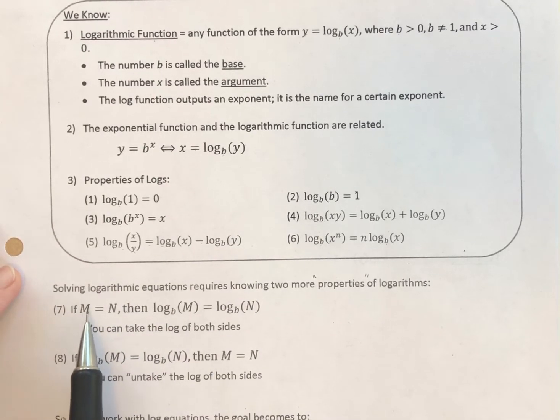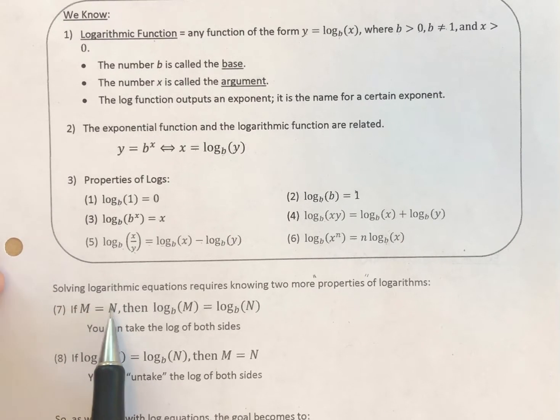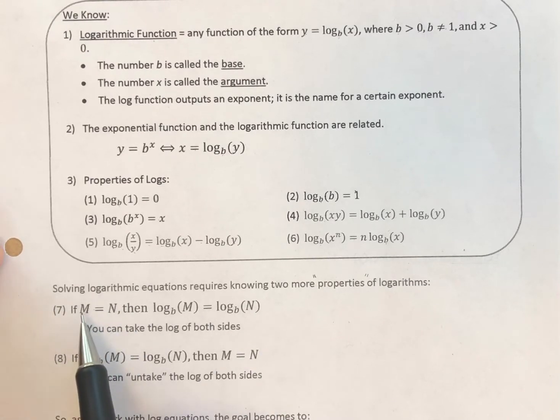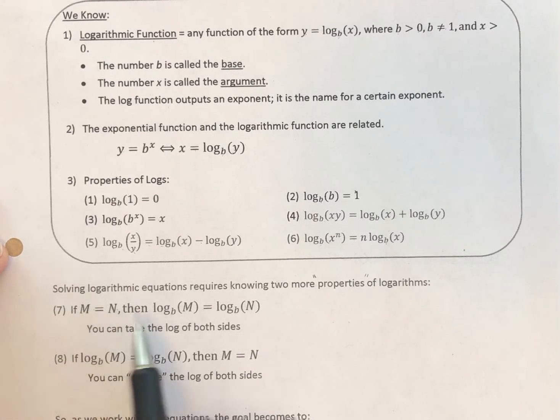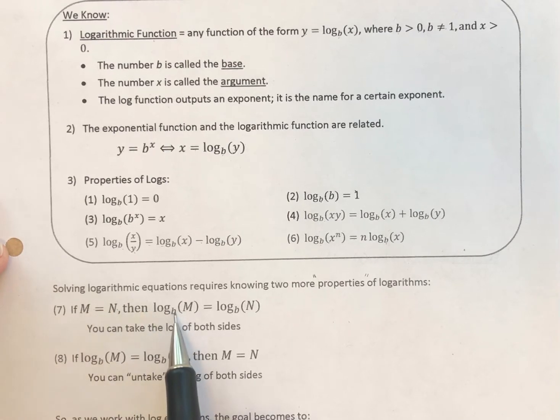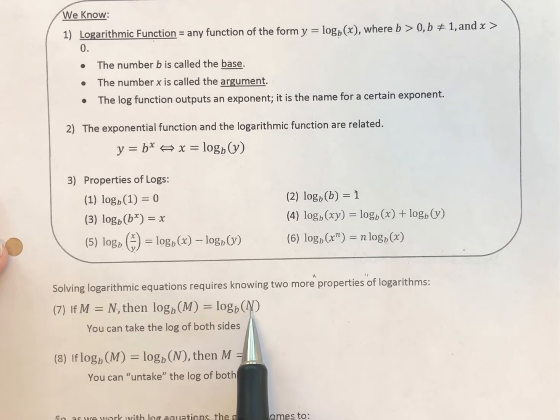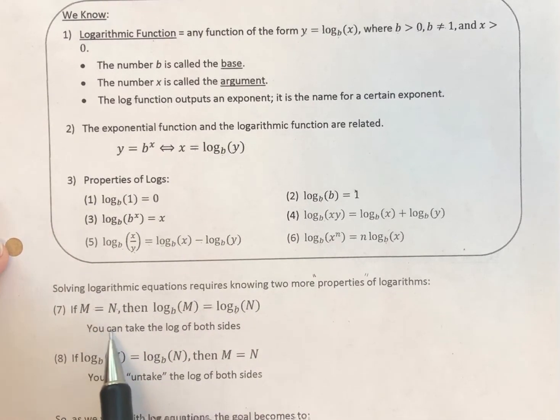If m equals n, if these two things on the same side of the equal sign are the same, then we can take the log with the same base of both sides, and those will be equal as well. So if m equals n, then the log base b of m is equal to the log base b of n. Basically, you can take the log of both sides.